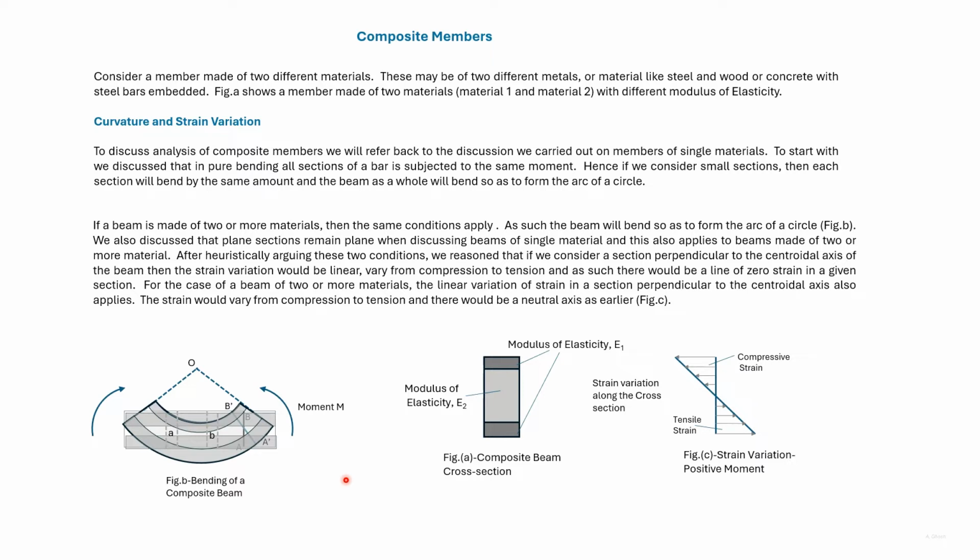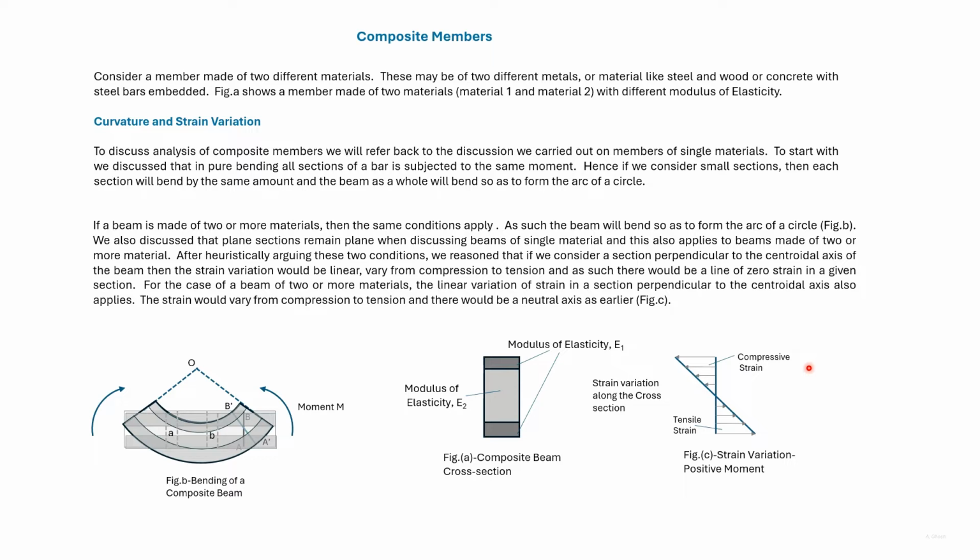We further argued for a single material that the variation of strain is linear with the application of the moment. There's a neutral axis, and for a positive moment, there is compressive strain on the top and tensile strain on the bottom. The same arguments can be given for a composite beam.